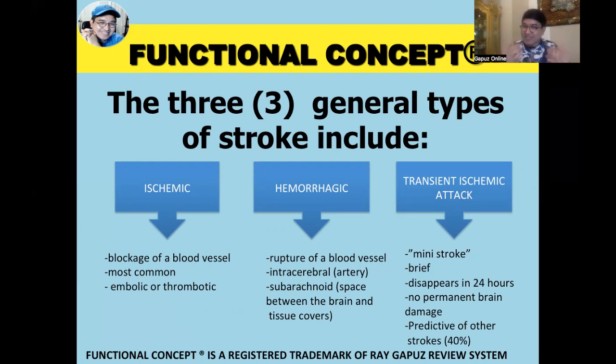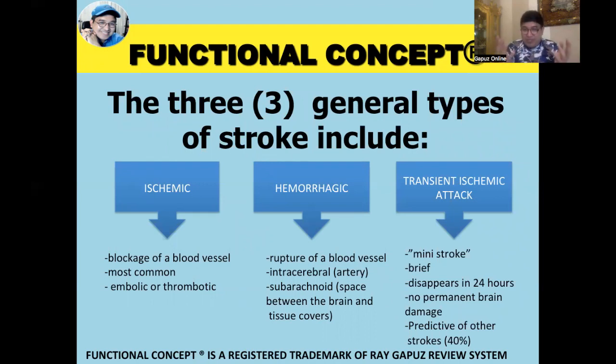And if you are asked in the test, why does a patient with atrial fibrillation need an MRI? It's because most clots that may potentially cause stroke are cardiac in origin, which simply means the clot originated from the heart and then it went into the brain.